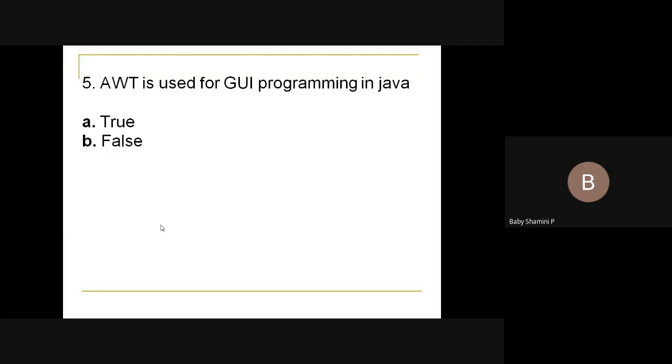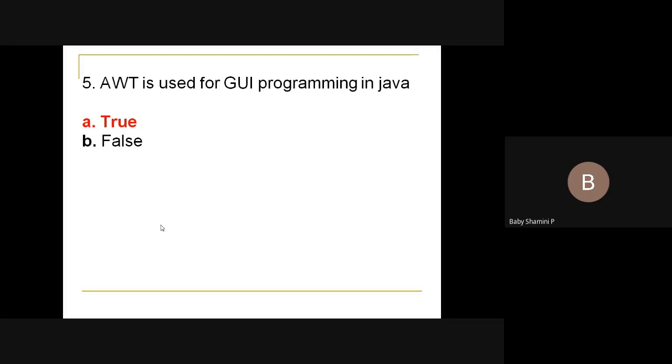In Java, if you want to create graphical applications, we have to use AWT or Swing to create a GUI program. The answer is true only. You can create various applications, like web applications, in different languages, but in Java we can use AWT or Swing to create GUI components. So the answer is true.